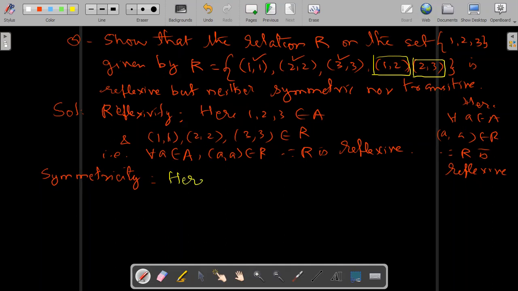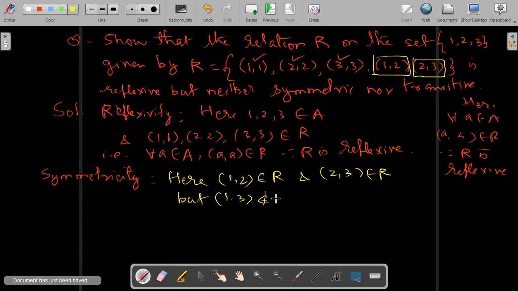We will take this example here: (1, 2) belongs to R and (2, 3) also belongs to R, but (1, 3) does not belong to R, which shows that R is not transitive.